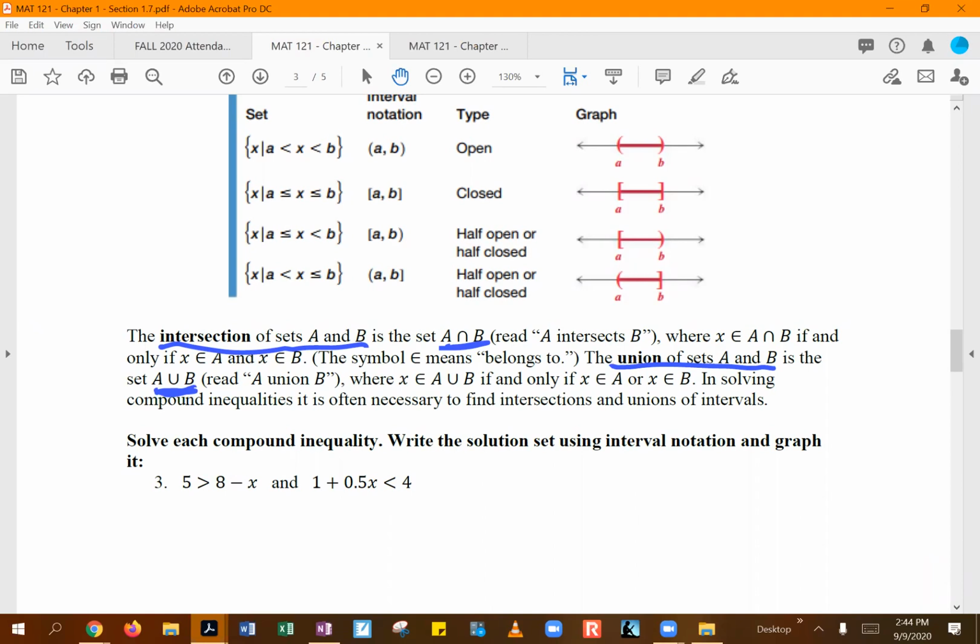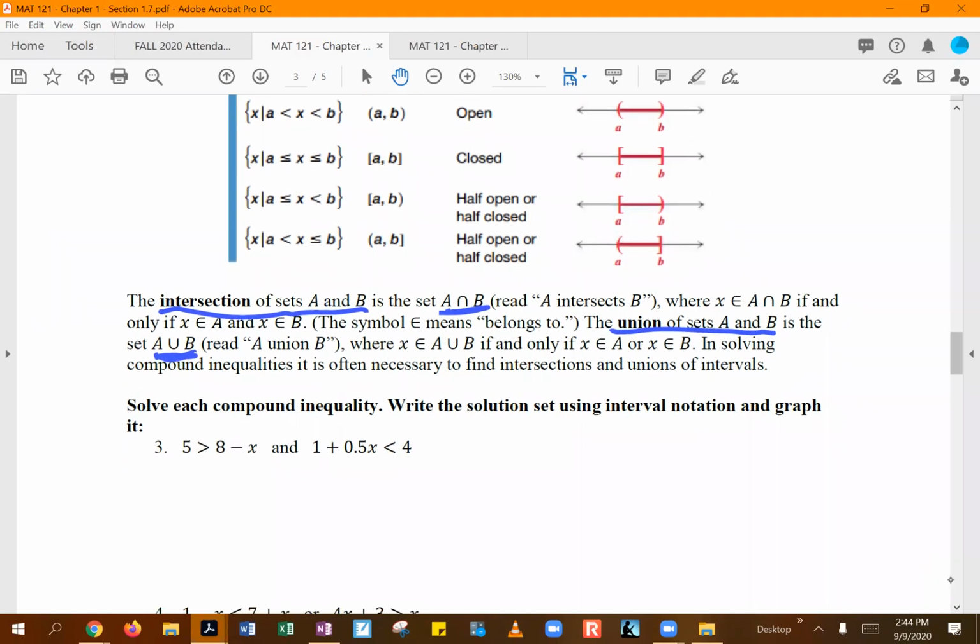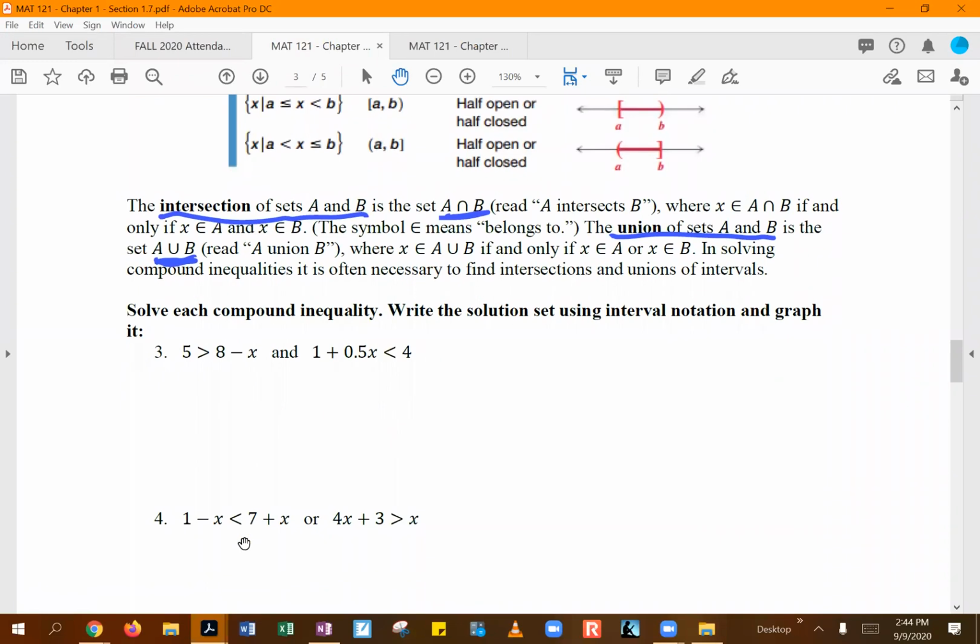So the difference is, intersection means we're looking at two sets, A and B, and anything that is common between both sets is what we include in the intersection. If you think of these as sets of numbers, and some numbers in set A are also in set B, your intersection will have only those common numbers between the two sets.